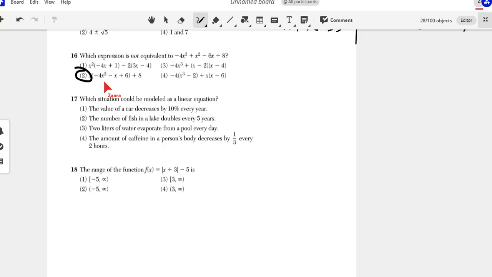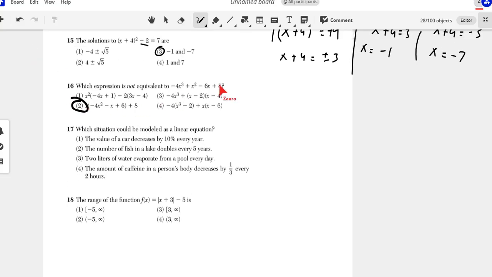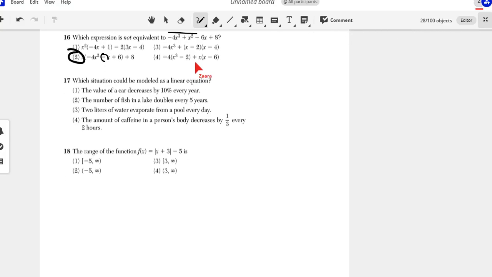Okay, so which one is not equivalent? How did you get that? When you take x outside from the first two terms, I solved it. It became negative 4x squared. How did it turn negative, right? So there was a problem. This positive x squared will turn into negative x squared. Okay, good. Good analysis.